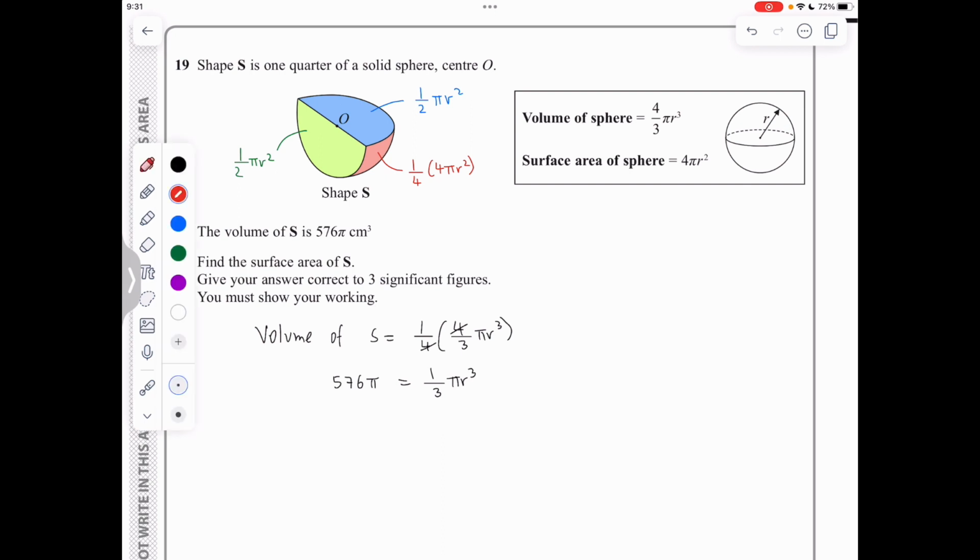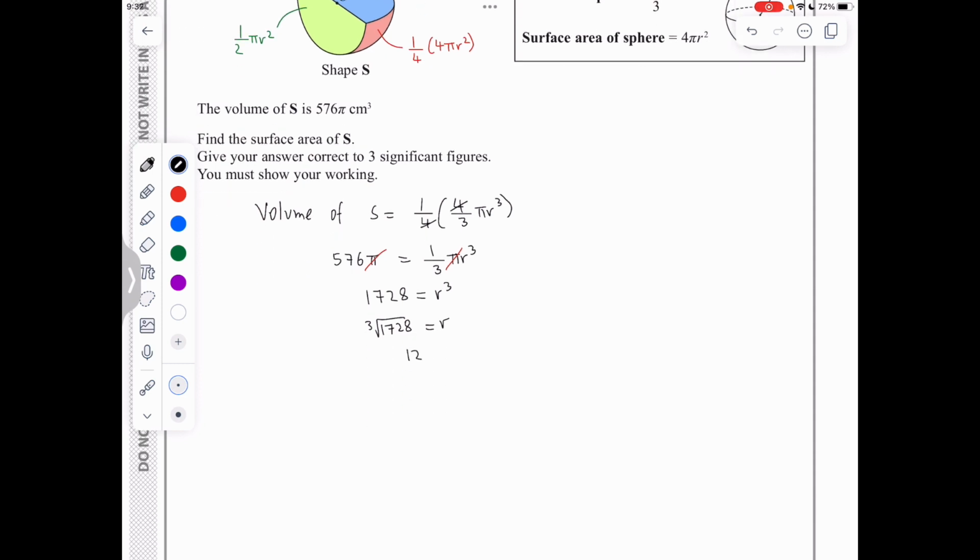Where the pi's will cancel out, I will cross multiply 576 with 3, leading to 1728 equal to r cubed, and therefore the cube root of 1728 should be the r, which turns out to be 12.